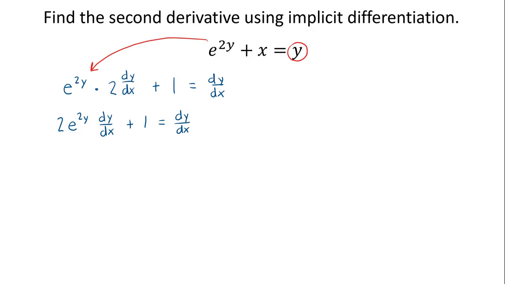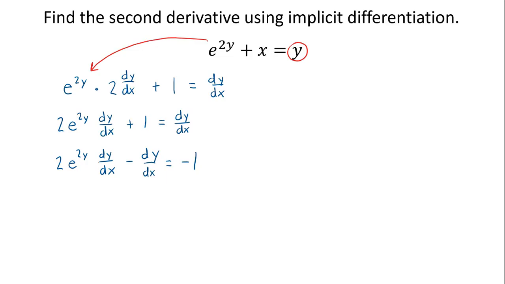Now let's manipulate this equation to get both of the terms that contain dy over dx on the same side. So I'm going to subtract dy over dx from both sides and 1 from both sides of this equation. That moves the dy over dx to the left side and the 1 to the right side of this equation.